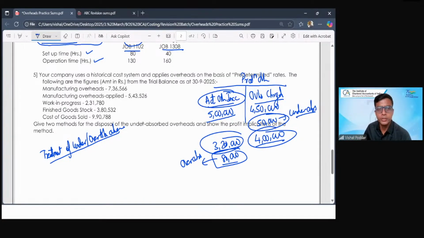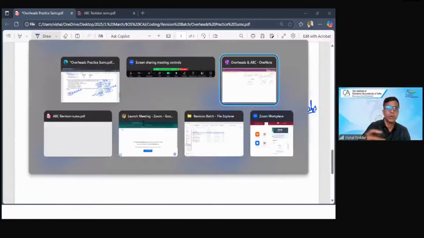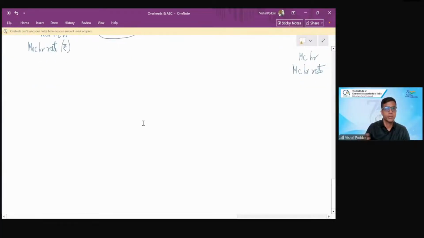Now, whatever it is, you have to do something of this difference, which is called the treatment of this difference. Now, what this treatment is, the format is again fixed. So this answer is also in a strict format only, treatment of under or over absorbed overheads.